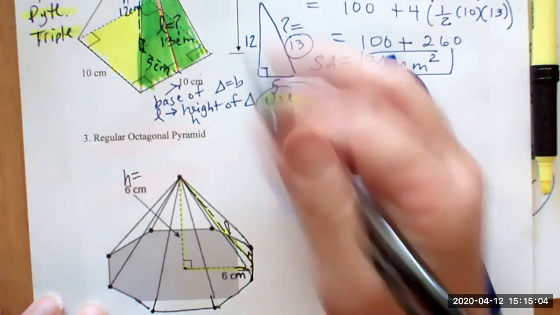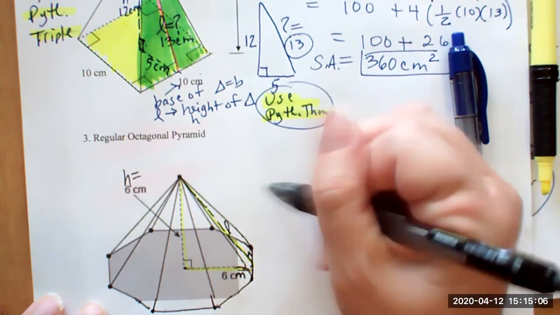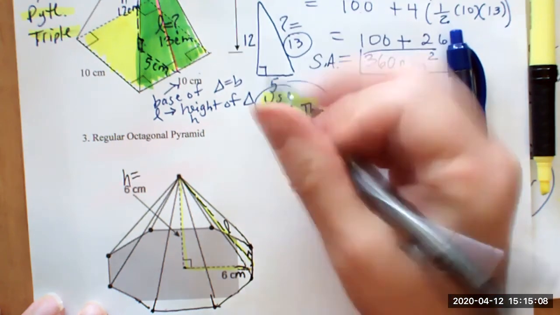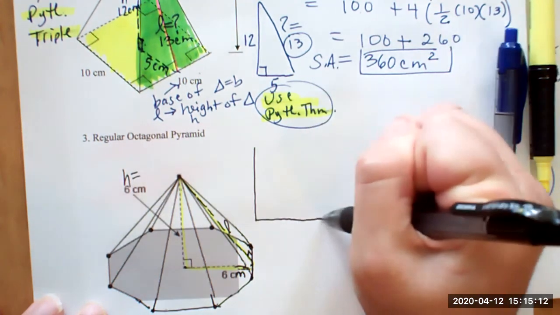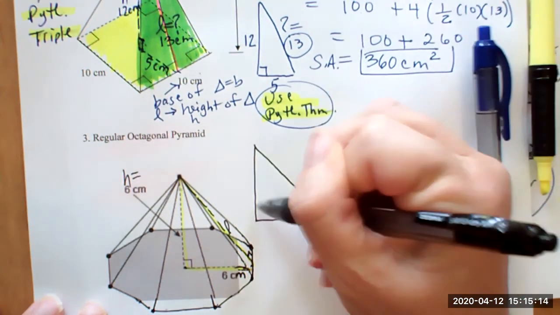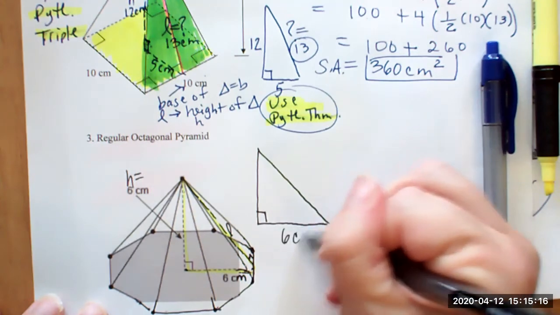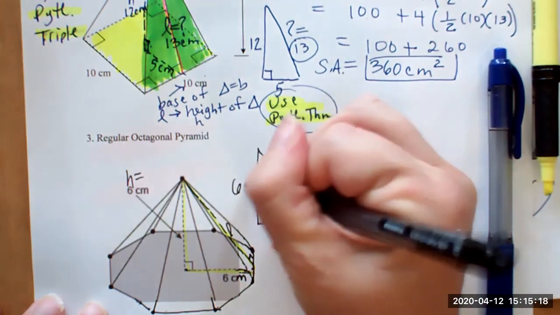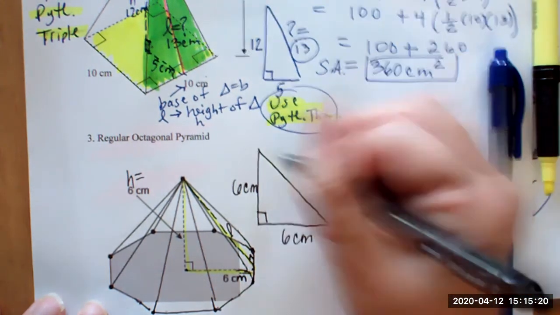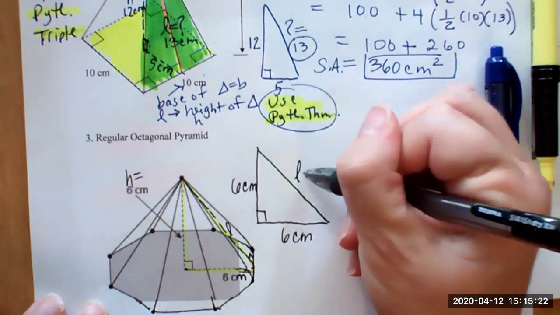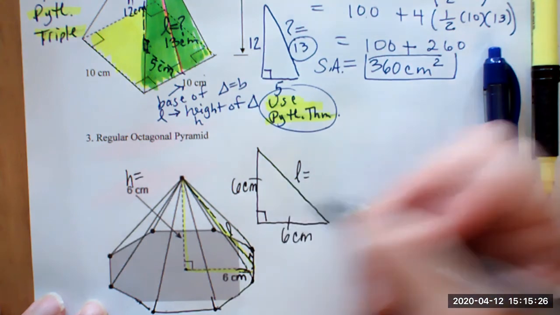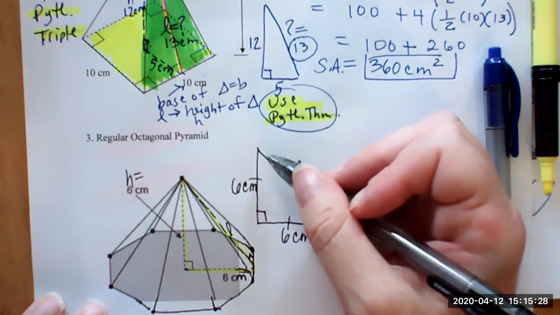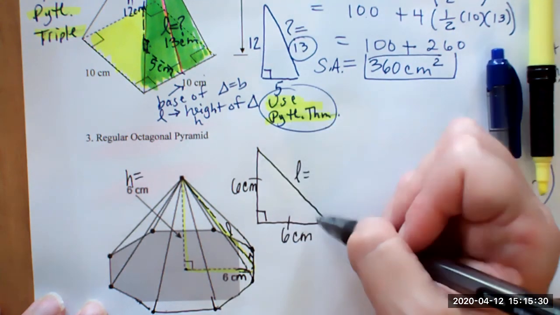Okay, so if I break that out for you, basically what we're talking about is this. I took this triangle, 6 centimeters here, 6 centimeters here, and I can easily figure out what the slant height is. Think about that. If you have an isosceles right triangle, think for a moment before I tell you what's the measure of each of these angles.